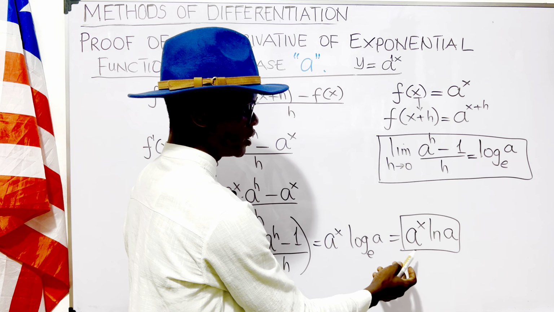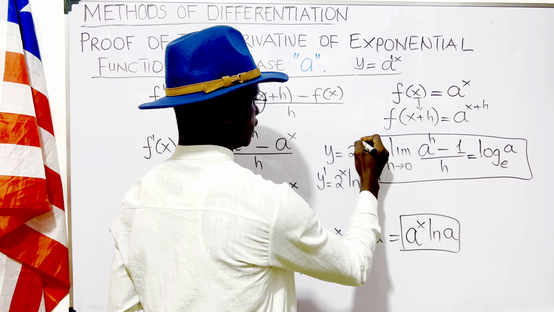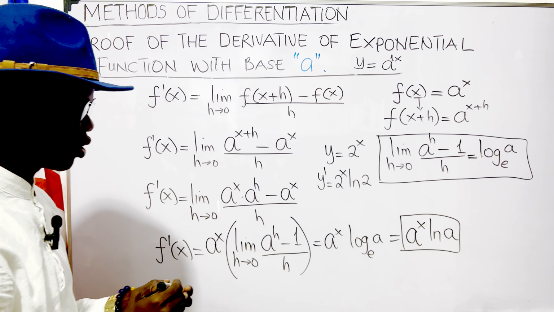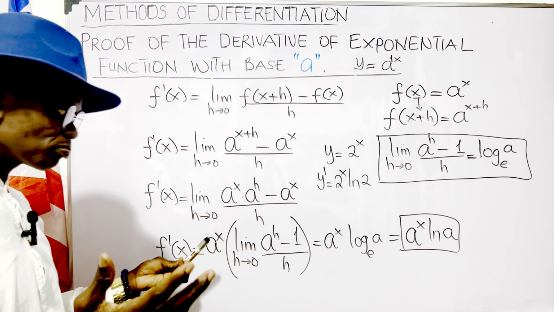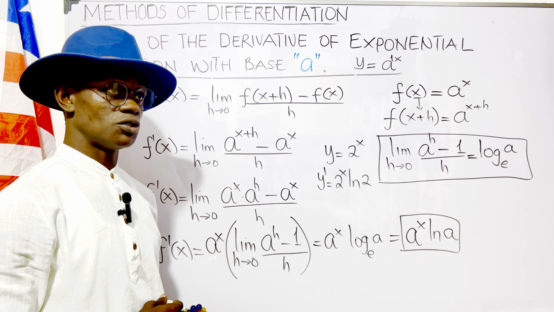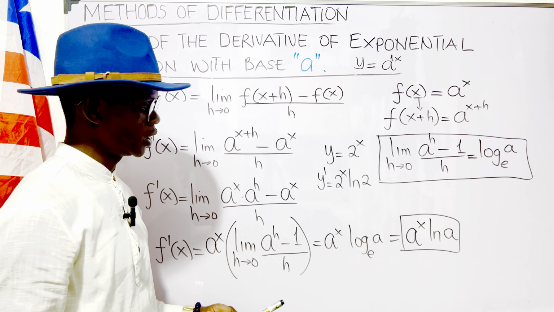Assuming you have y equals 2 raised to the power x, the coefficient here is 1, so you just have y prime equal to 2 raised to the power x times ln of 2. Now, what if the coefficient of x is not 1? What if it is any real number that is not 1?